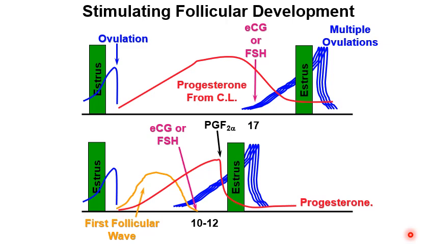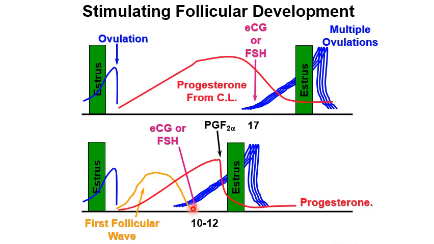If we are going to start the equine chorionic gonadotropin or the FSH at day 10 of the estrous cycle, that coincides also with the ending of our first follicular wave.